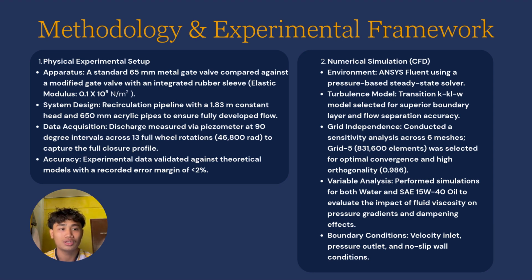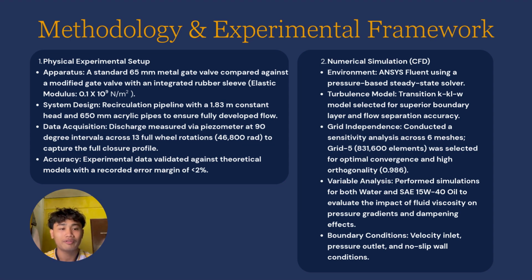The setup used a recirculation pipeline with a constant 1.83 meter head and acrylic pipes to ensure the flow was fully developed. We record discharge data at 90 degree intervals for over 13 full wheel rotations, about 46,800 radians.